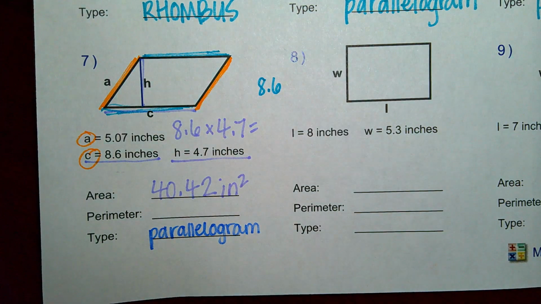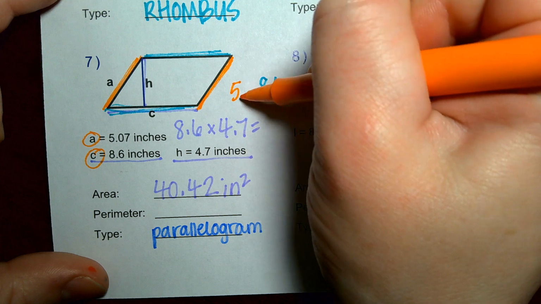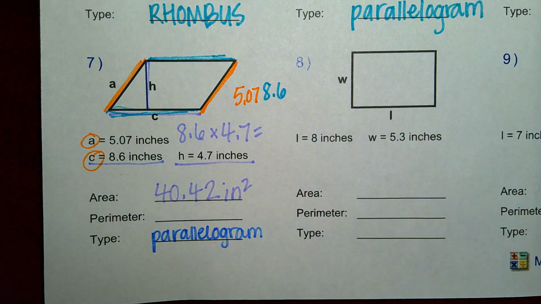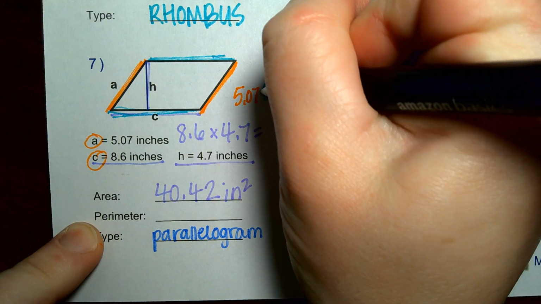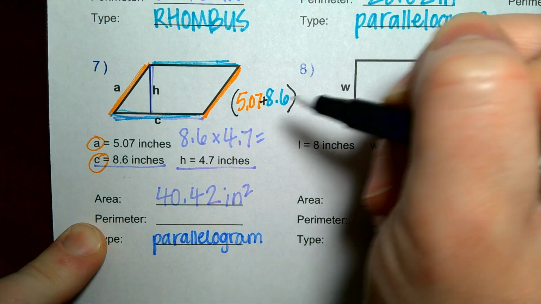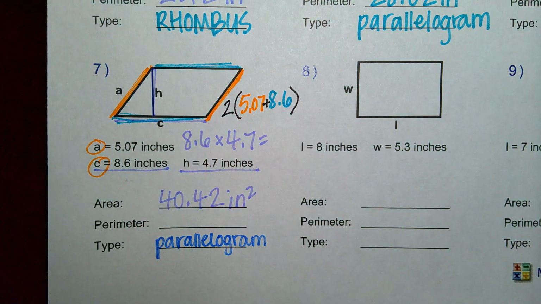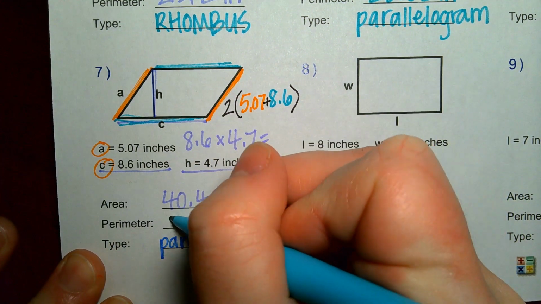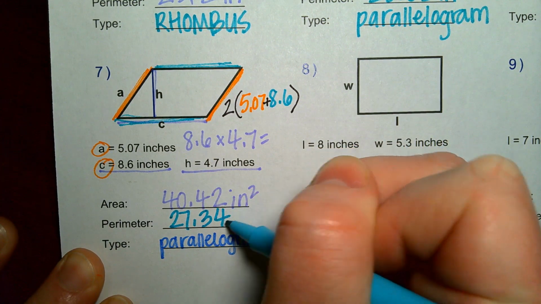Add them together and multiply by 2. 27.34. So double check too: 5.07 plus 8.6 times 2. 27.34, is that what you said? Perfect. Everybody else get that too? 27.34 inches.